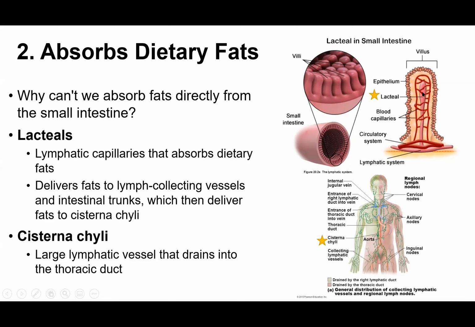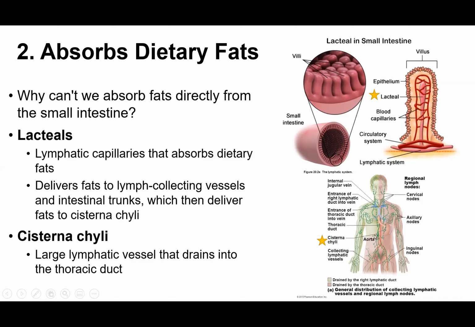And so once we put the fats into these lacteals, the lacteals will deliver those fats to lymph collecting vessels and to the intestinal trunks, which will then deliver those fats to what's called the cisterna chyli.